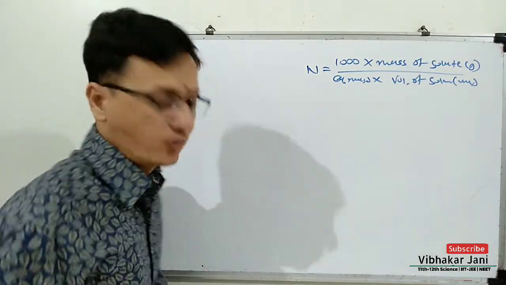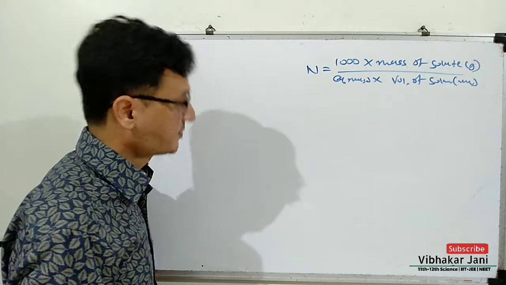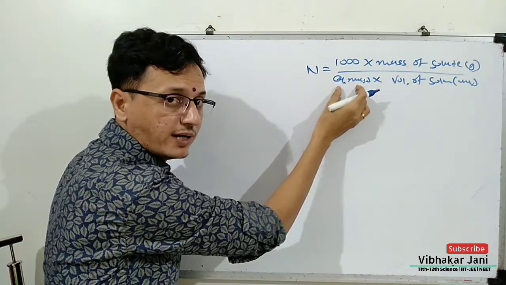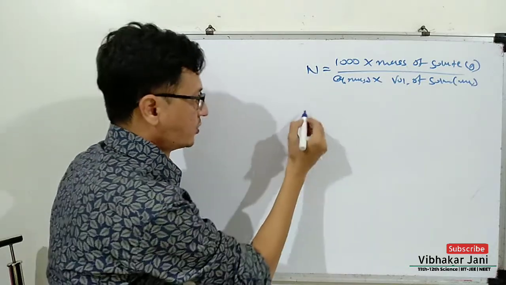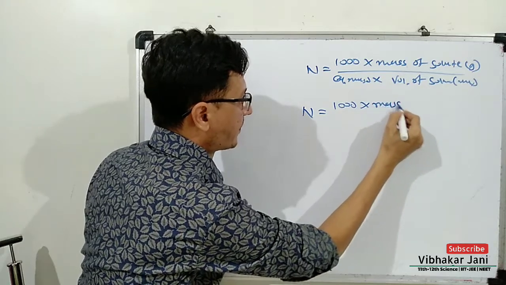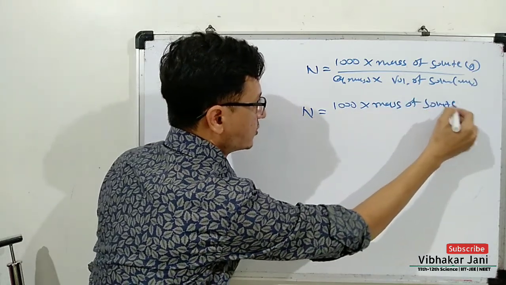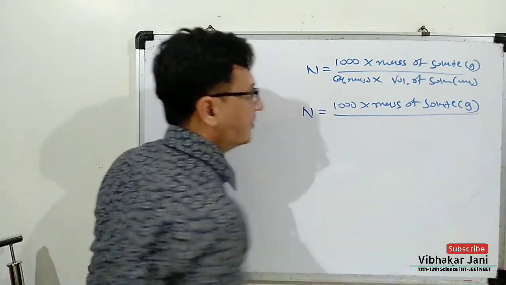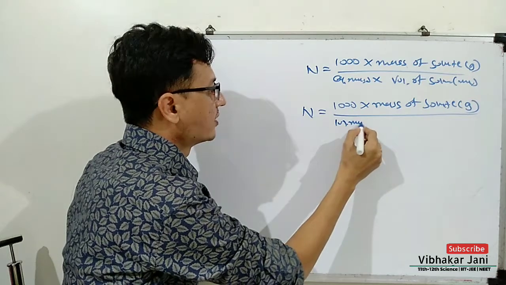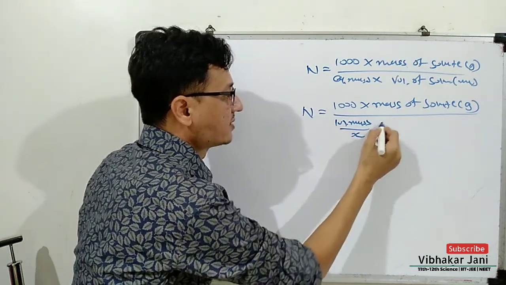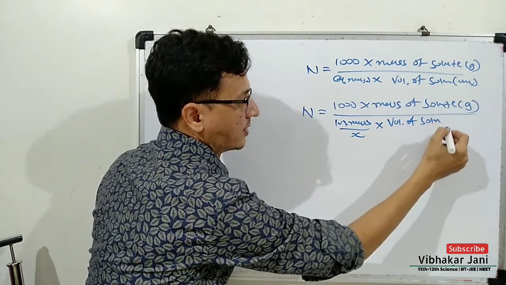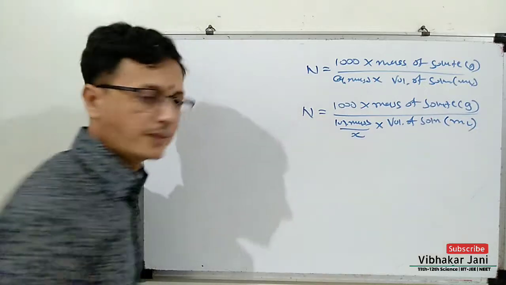So it is a general formula. So let us write this formula, in which instead of equivalent mass I am going to write molecular mass divided by X. So the formula will look like this: 1000 multiplied by mass of solute in gram divided by equivalent mass is equal to molecular mass divided by X multiplied by volume of solution in milliliter.